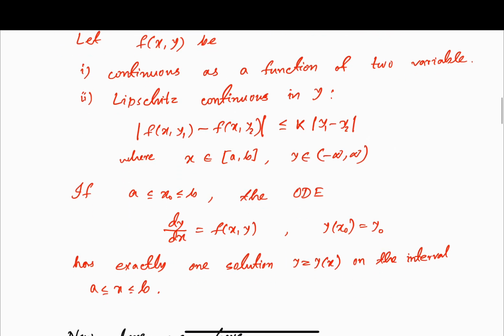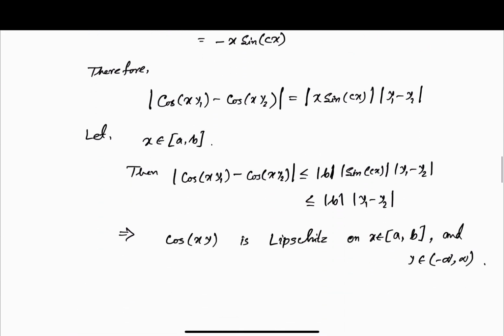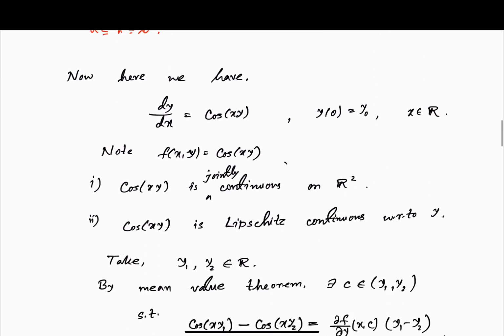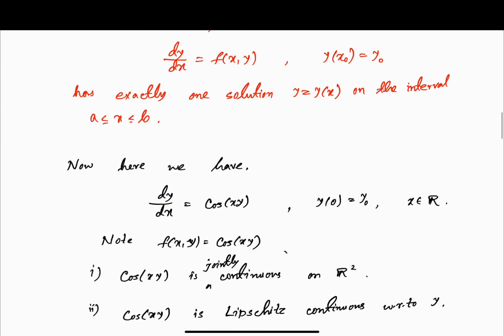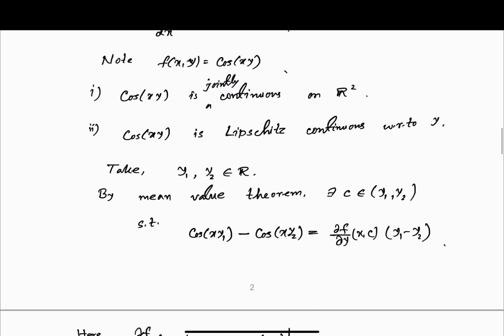Suppose we have also taken the interval such that 0 belongs to AB, and the initial condition is given as y(0) equals y0. So by this theorem, this ODE has exactly one solution for all x in AB.